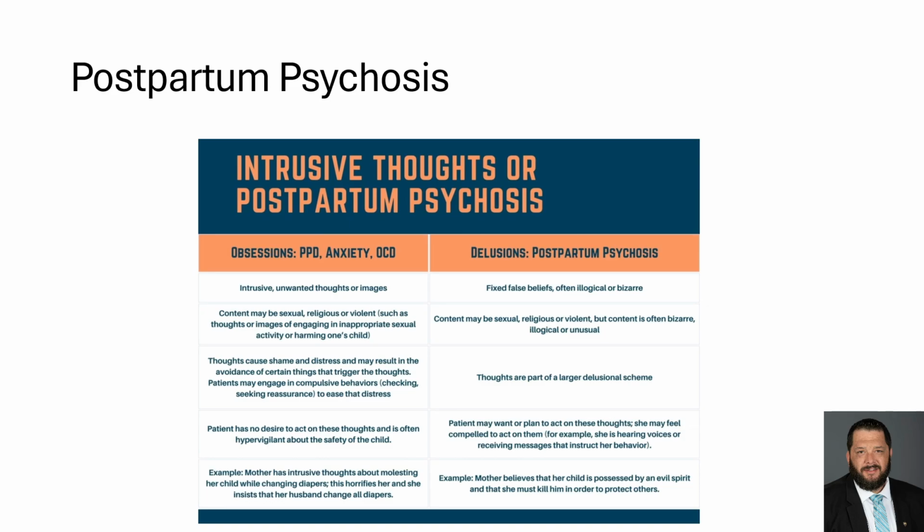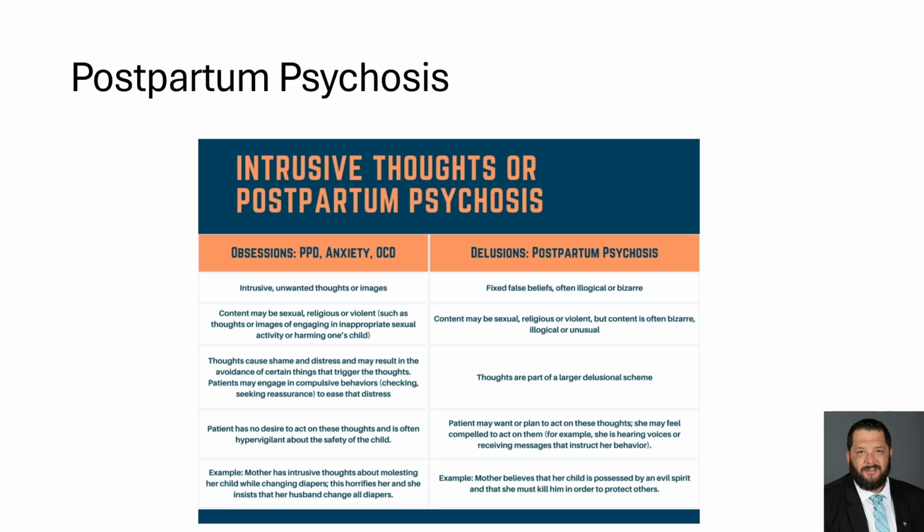The other to note is a condition called postpartum psychosis. Postpartum psychosis is a more virulent and aggressive form of postpartum depression that can lead to delusions, suicidal ideations, homicidal ideations, and these again are not intentional thoughts.